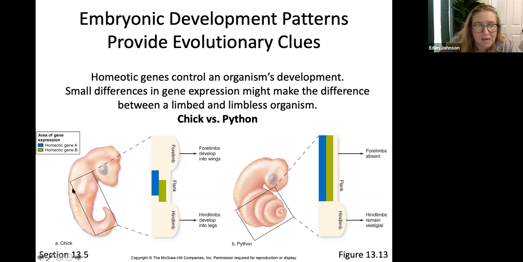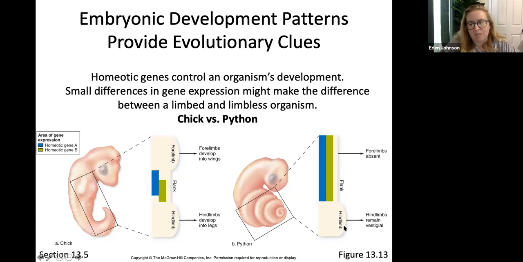It's crazy. You have the forelimbs, the hind limbs. You've got them drastically reduced in a chick. Then in a python, you have overlapping gene expression of A and B, meaning that there are going to be no limbs.